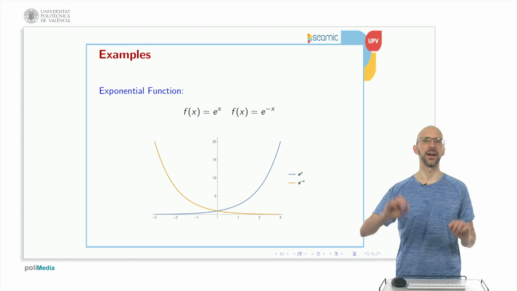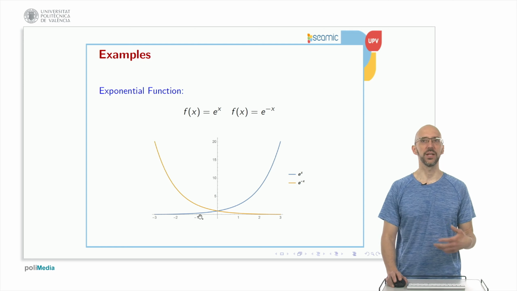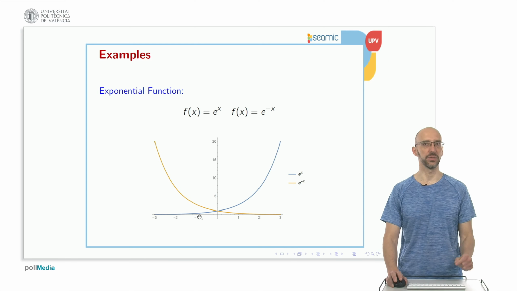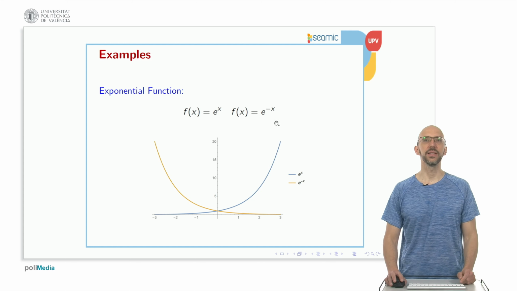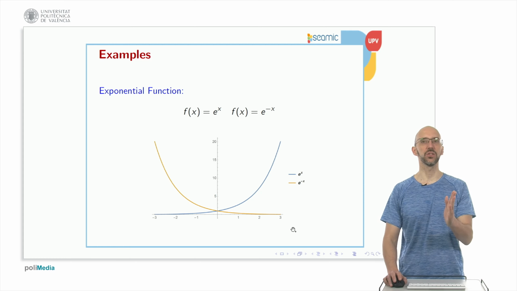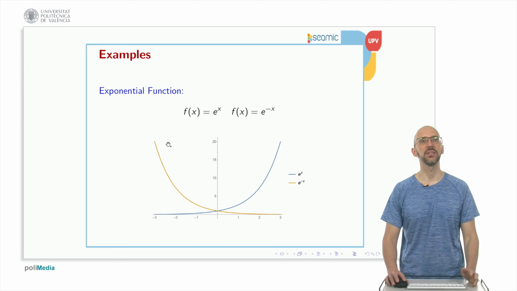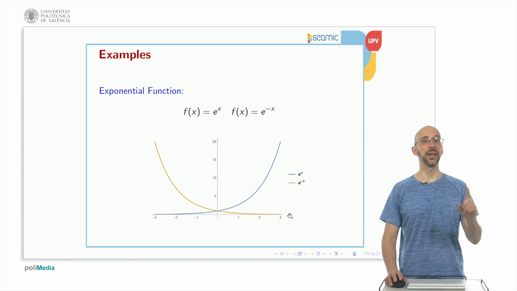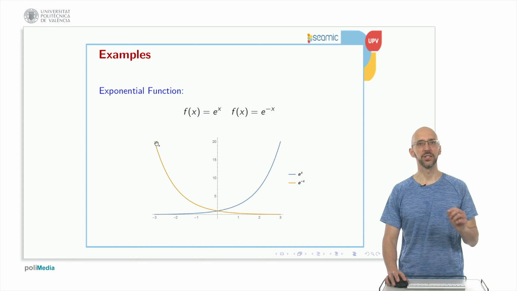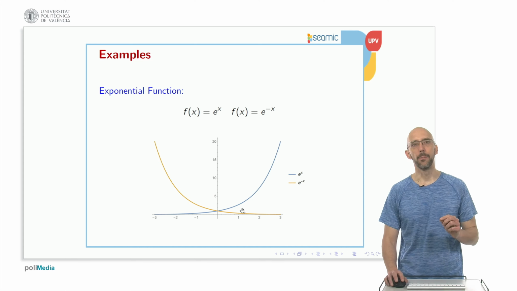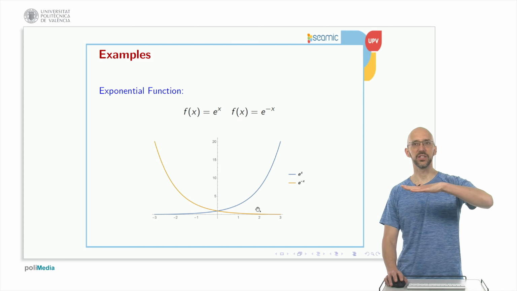It's a very fast increasing function. It increases really, really fast. It's very common to say that something is growing exponentially. That means that it's increasing very, very fast. When we change the exponent to negative x, then it's a decreasing function. It's symmetric with respect to the y-axis, but it's decreasing. An important thing about this is that, as you can see, this function approaches the straight line y equal to 0.